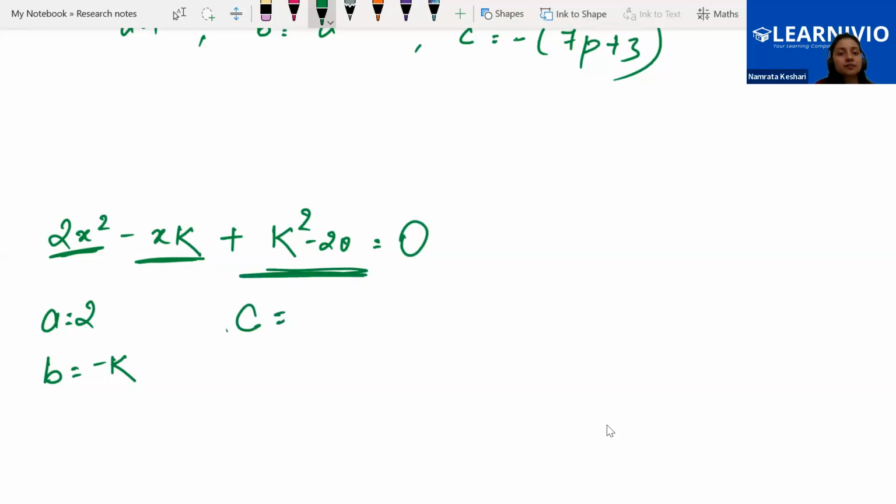C is the term not multiplied with x square or x, the constant term. So k square minus 20 is C. A is 2, B is minus k, and C is k square minus 20. Is it clear?